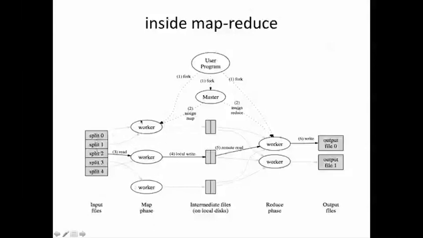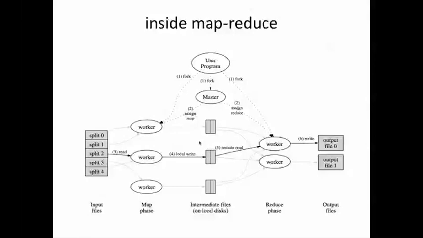They read chunks of data, perform map operations on them, and write the results to the local disk. They sort the data before writing it, and they write it in chunks, different chunks for different reduce keys.